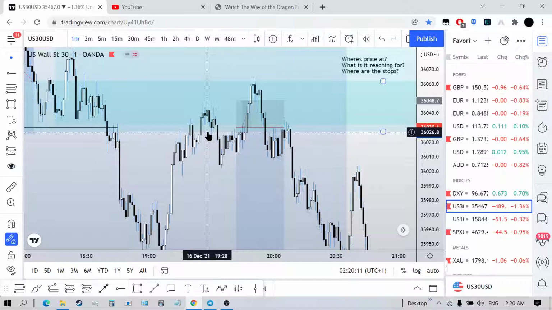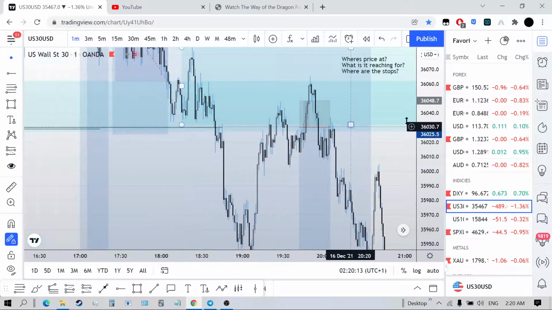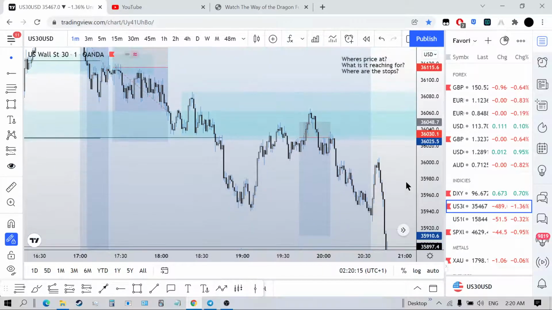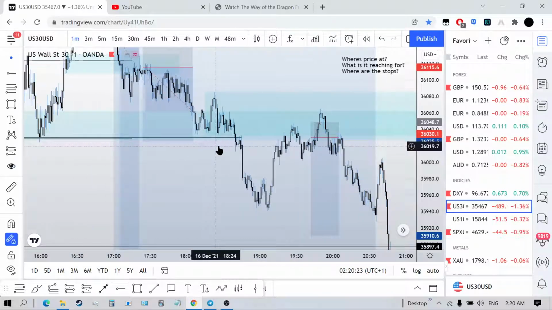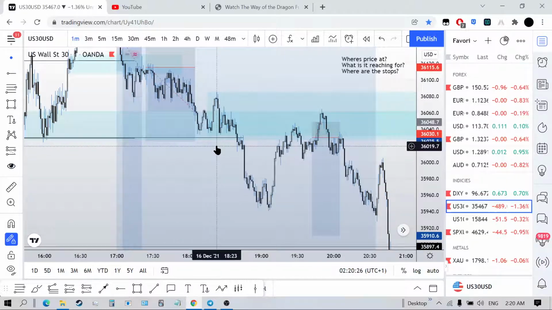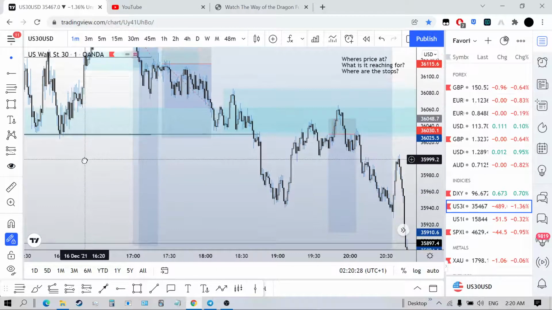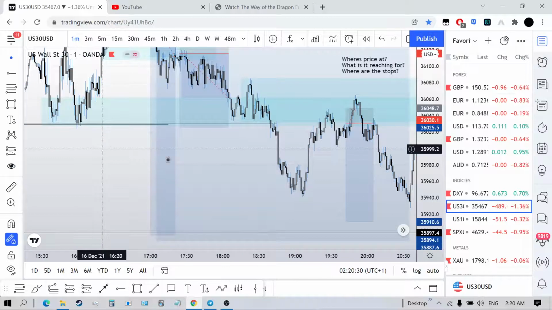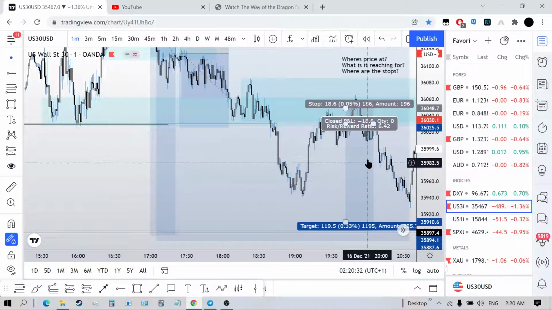All right, so when you have high risk to rewards, all you need is a 40%. All you got to do is really just be half right. And even if you're not half right, you should still be profitable. Even if you win 3 out of 10 trades, you should still be profitable if you're taking high risk to reward trades like this.